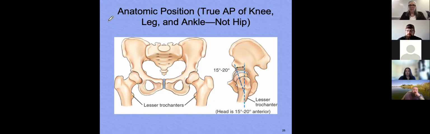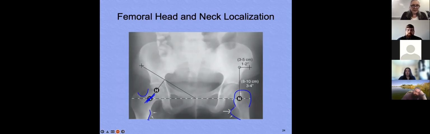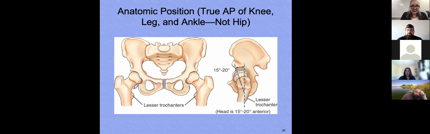Your feet are straight forward. So what that means is that this is going to have a V there, and you see a little more of this than you would if that was a U. Okay, see, this is a V, not a U. So that means that these are not parallel. And we see half of the lesser trochanter.